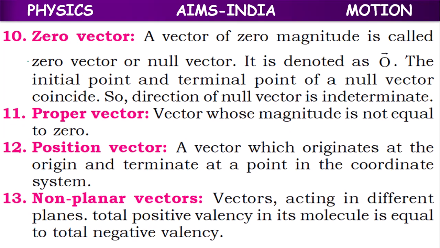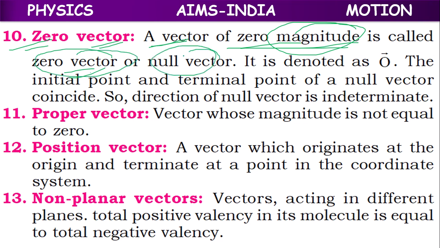Next one, we have zero vector. Zero vector means a vector of zero magnitude, and it is also called null vector. It is denoted by O bar. O bar means the vector starts from one point, the initial point, and ends at another point, the terminal point.